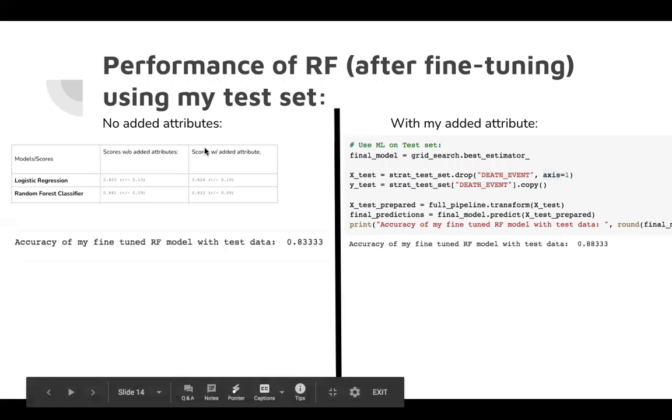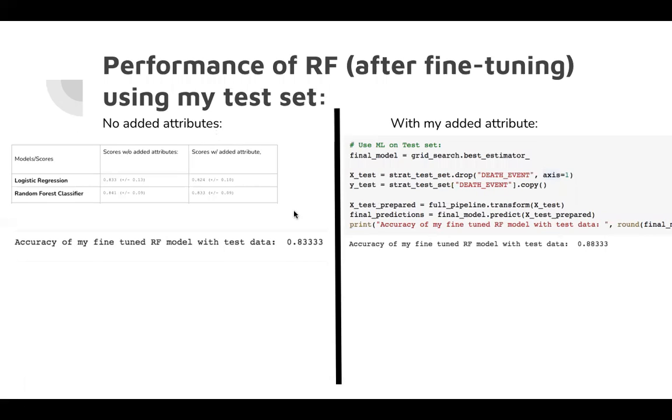Starting with no added attributes, without the combined attributes class, I have a score of 0.83, which is a little bit lower than random forest classifier, but I think that's kind of expected. I saw somewhere in lecture that it's okay to have a lower value.